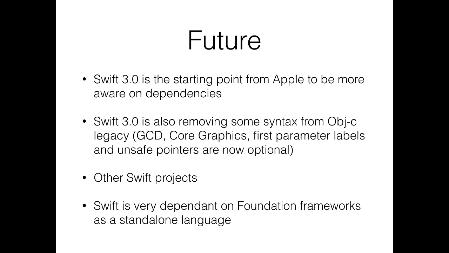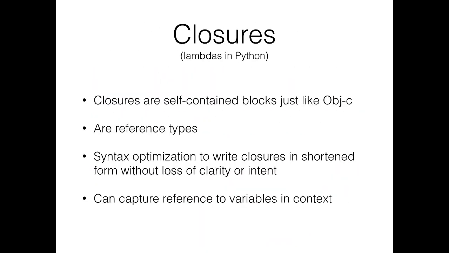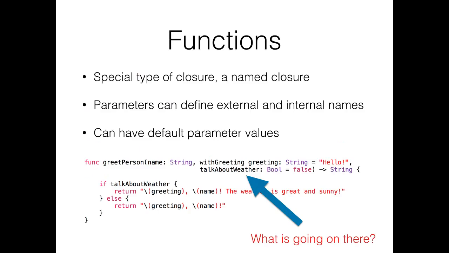So it's good. Another thing that is going to change is the first parameter labels. In Swift 3.0, this function would be greet person name with greeting talk about the weather.